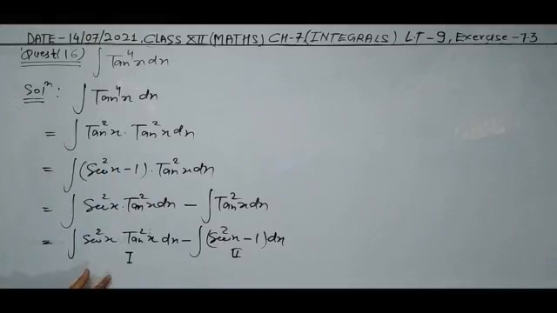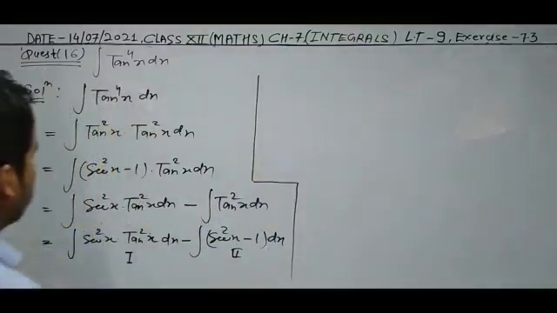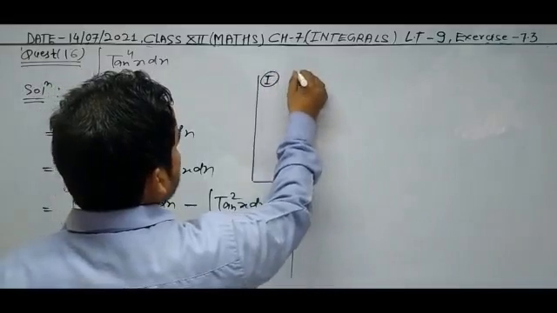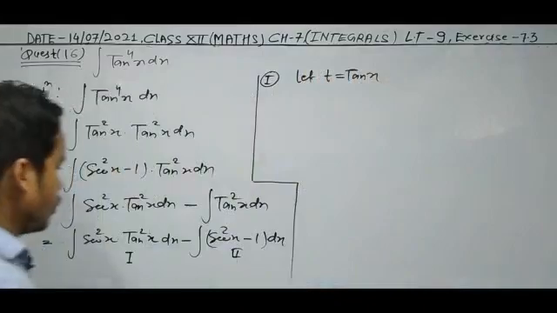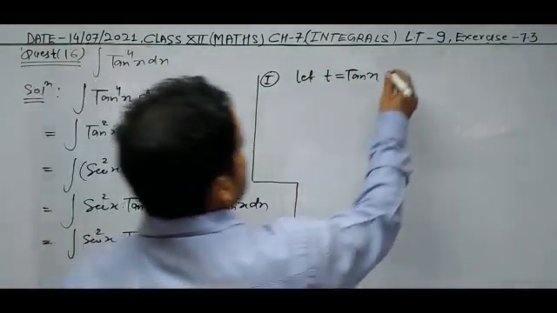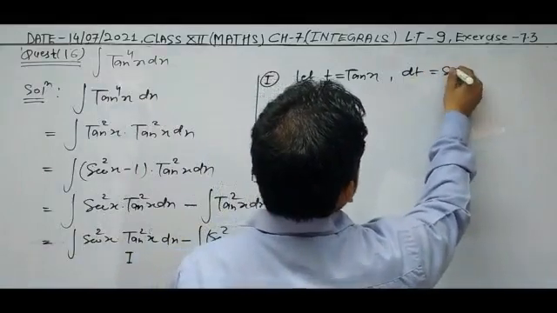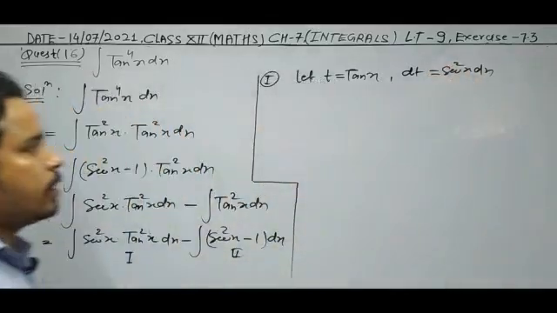So in first part you will consider tan x is equal to t. So now see here, let for the calculation of first part t is equal to tan x, then dt by dx will be sec square x, or dt can be written as sec square x dx.